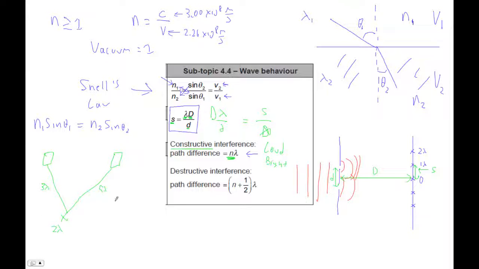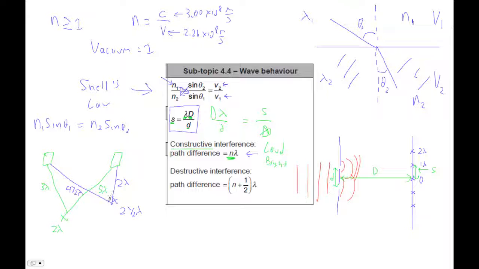And then if you pick another spot, let's say we pick this spot here, right? And we are just making this up. Okay, let's imagine that we are 2 wavelengths from this guy, right? And 4.5 wavelengths from the other, even though that looks longer than this, right? Okay, well that's a difference in distance of 2.5 wavelengths.